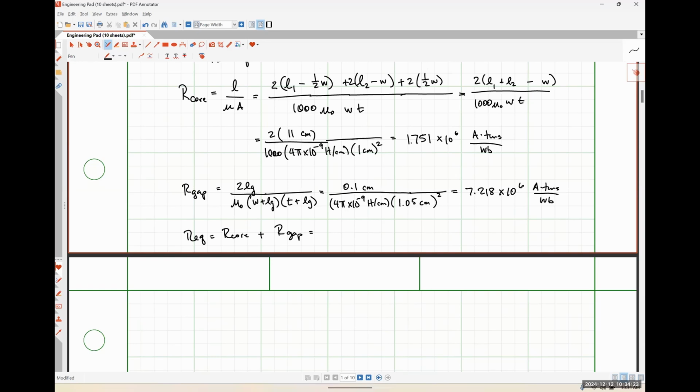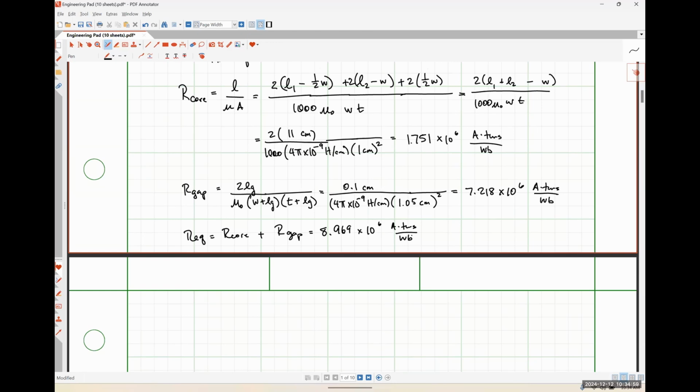So that means it's even worse, right? Our air gap, even though it's so short, has about 6 times the reluctance of our core material. So our total reluctance here is then 8.969. Sorry, I couldn't count the number of digits correctly. You'd think with a PhD I could count to 6. It's really hard these days. Amp turns per Weber. All right.